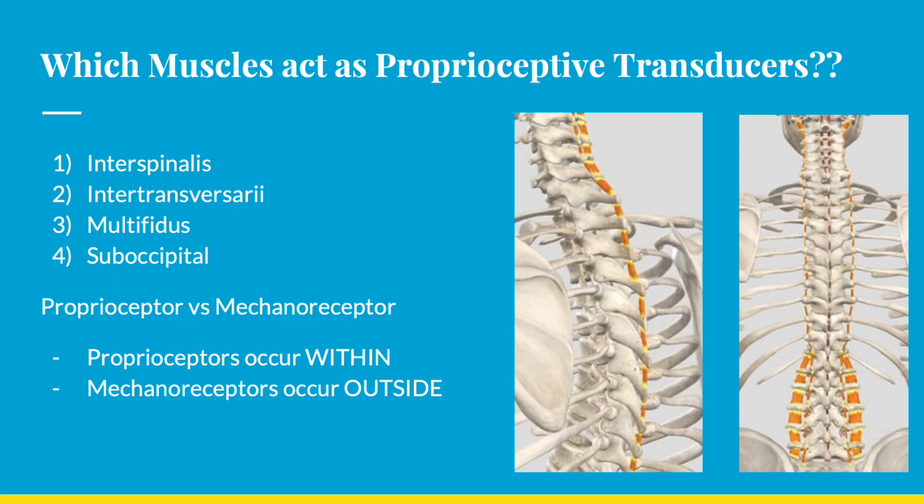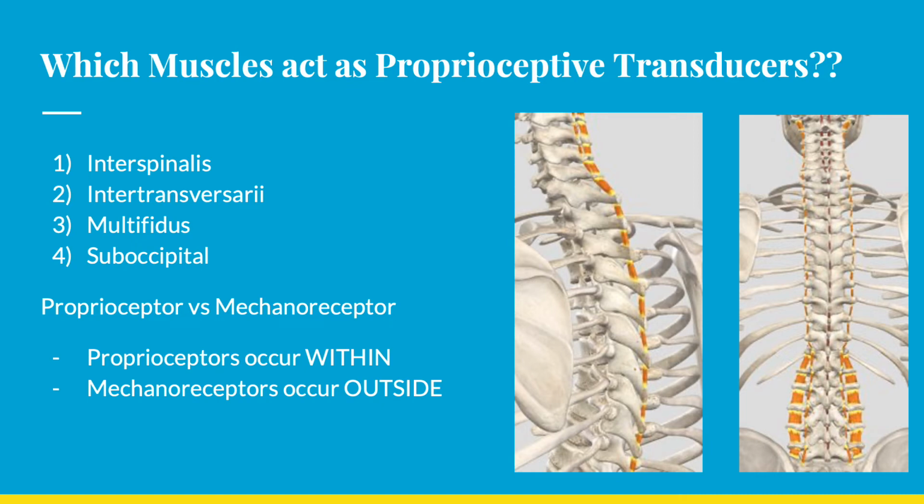Okay, proprioceptive transducers. This is a fill-in-the-blank question all day long. He likes to ask the whole list of them, so be able to list all 4 of them. Your interspinalis, your intertransversarii, your multifidus, as we talked about, remember in that cervical region in particular, and then all of those suboccipital muscles.